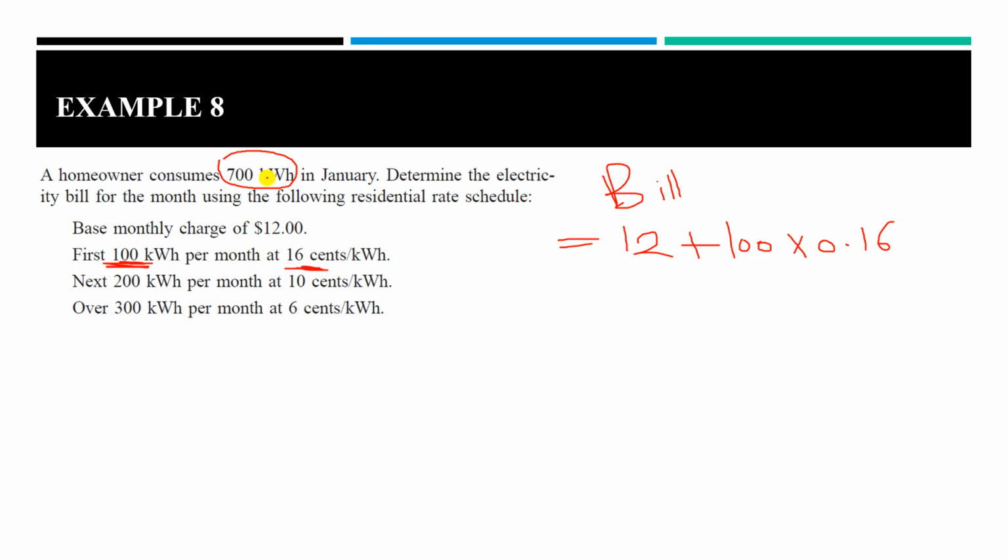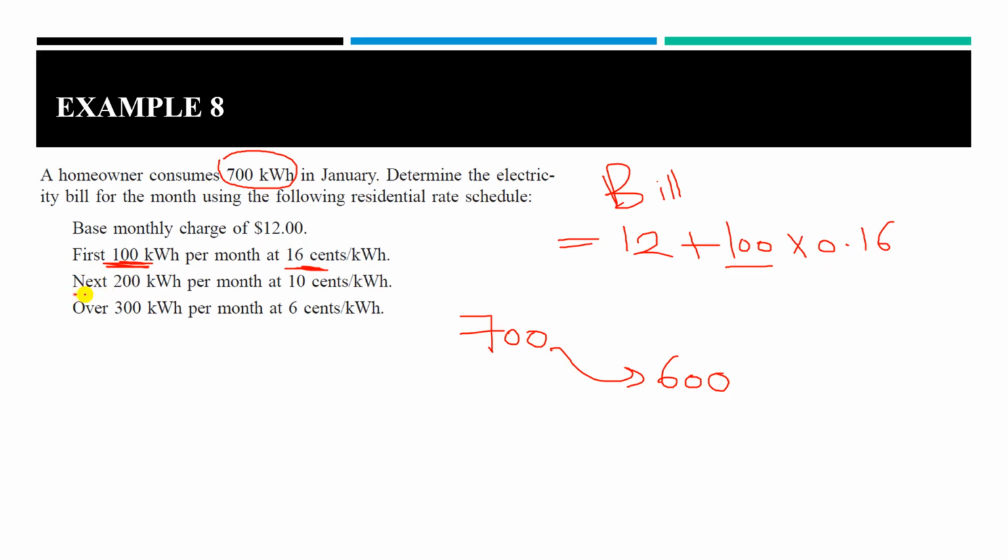So first we have 700, this is the total consumption. We will take from it the first 100, as you can see here, so the remaining will be 600. The first 100 we charged at $0.16.